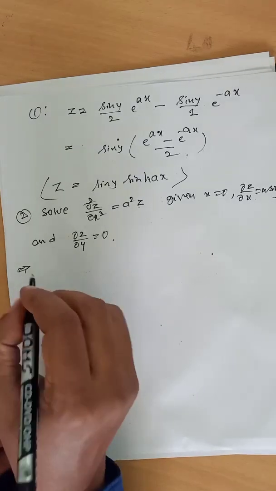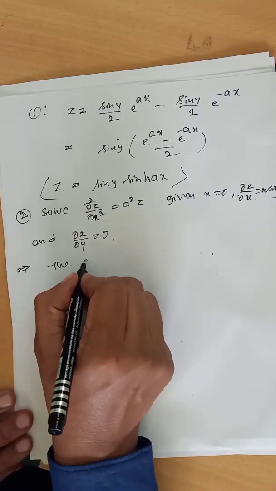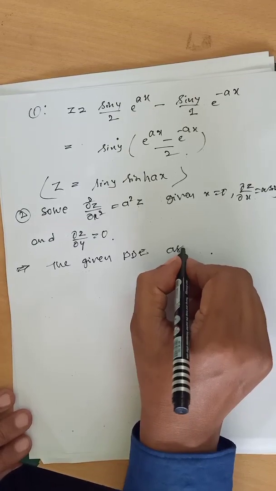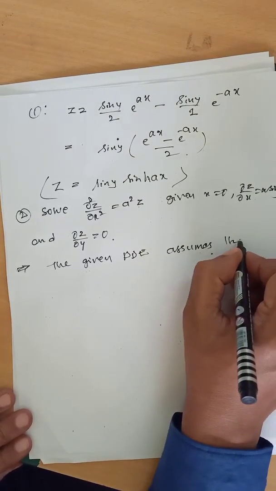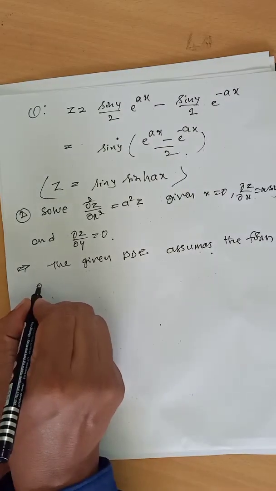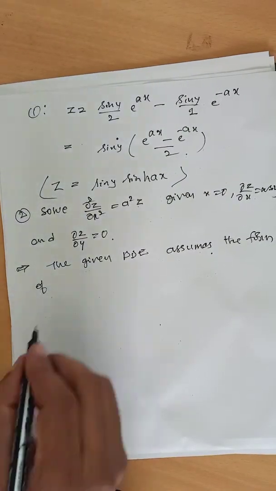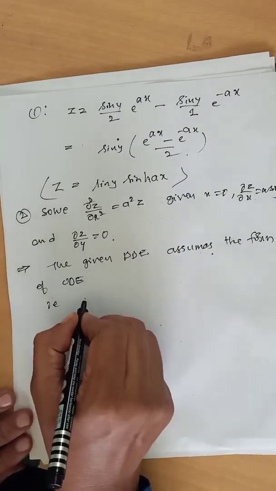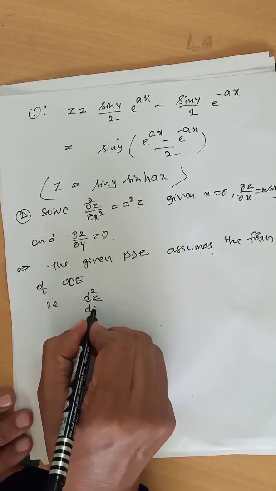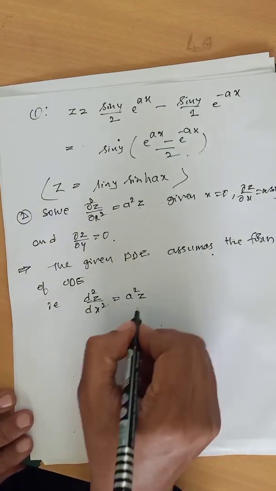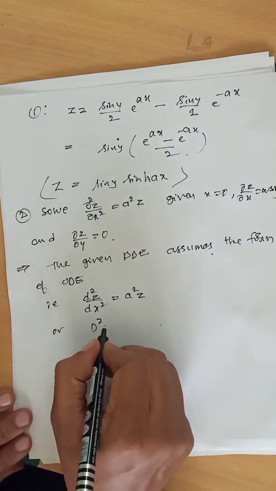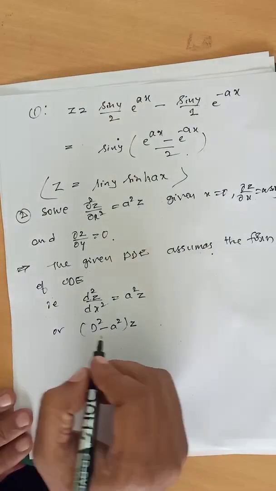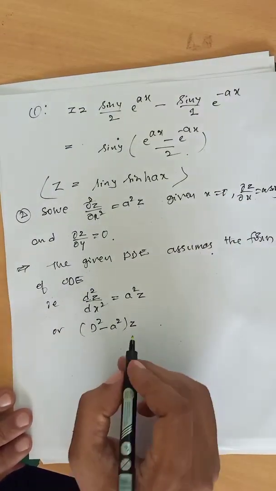Solution: the given PDE assumes the form of an ordinary differential equation, that is d²z/dx² = a²z, or (D² − a²)z = 0. It is almost the same as the previous problem, but only the conditions are different.